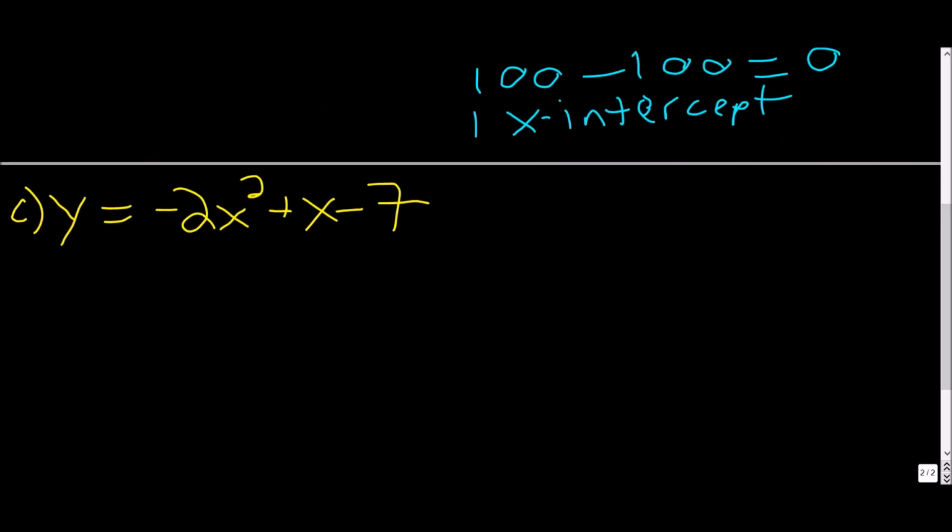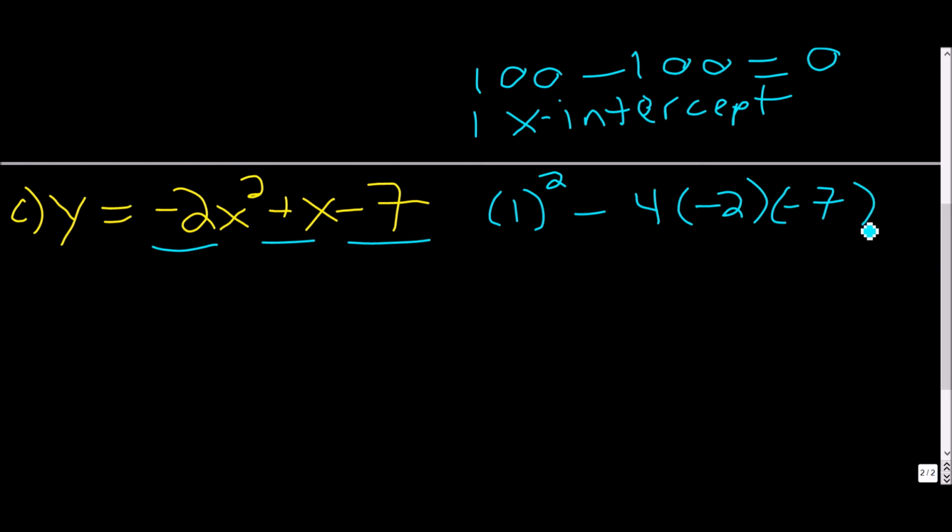So we do b squared, which is going to be 1 squared, minus 4 times a times c. We get 1 minus this, so 4 times negative 2 makes negative 8. Negative 8 times negative 7 makes a 56. And so this is negative 55 overall.